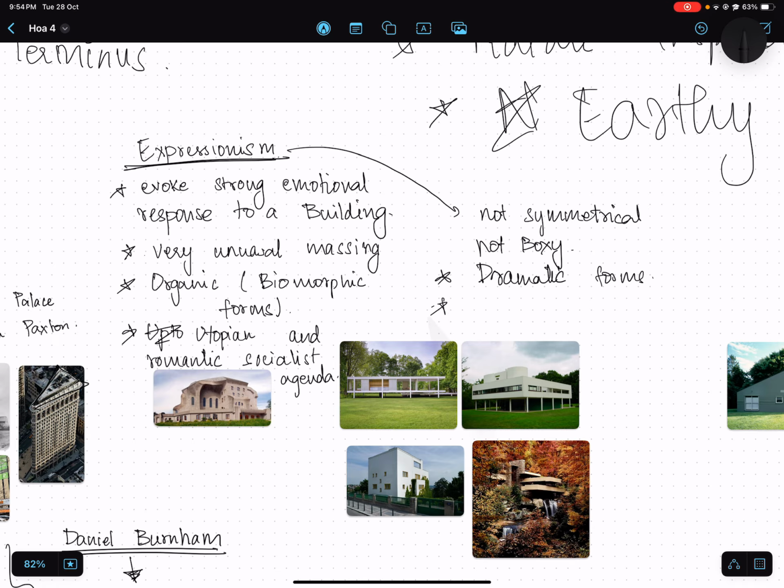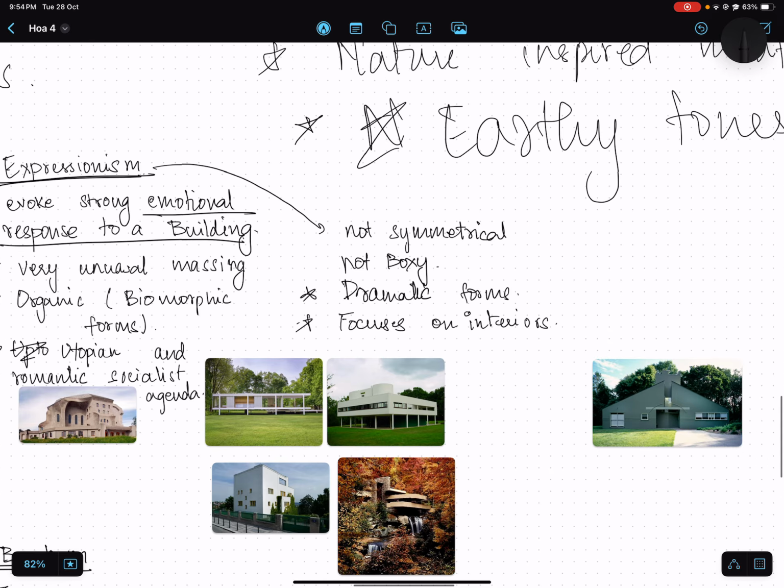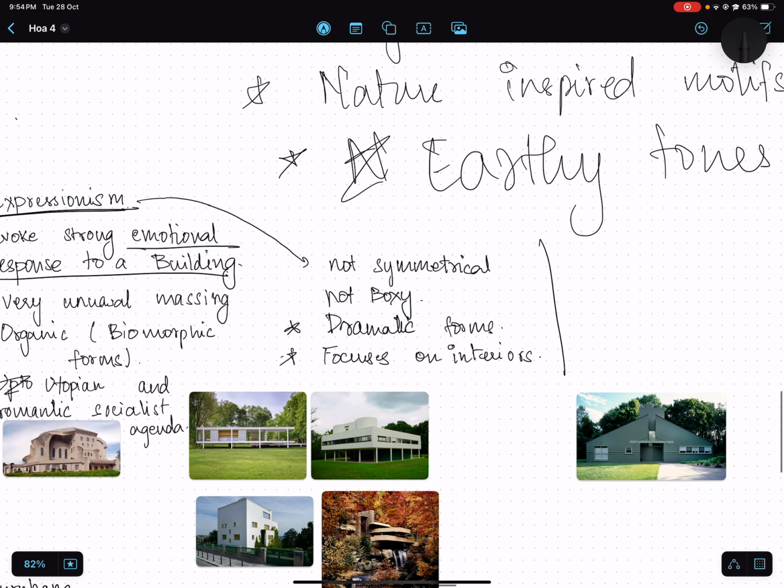It focuses on the interiors a lot so as to evoke the strong emotional response. And it uses materials like steel, concrete, glass, but also keeps them exposed.